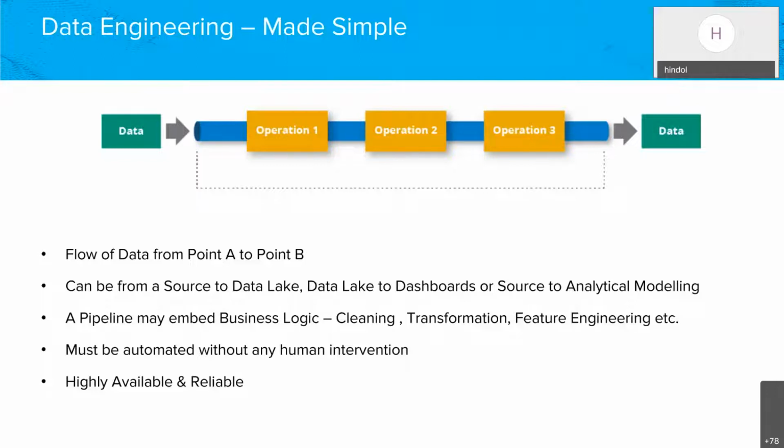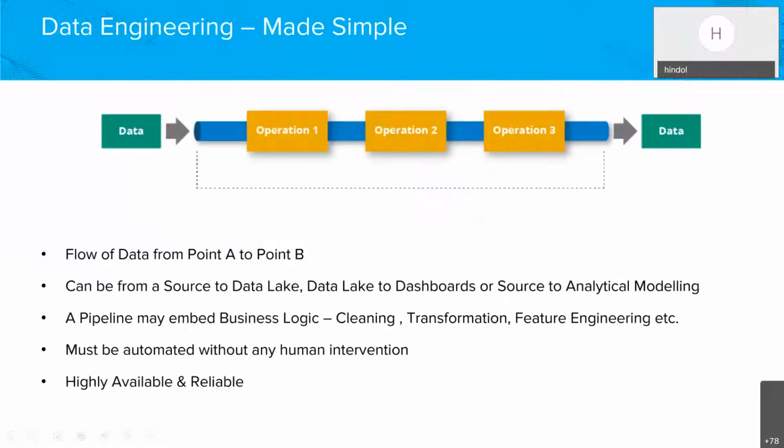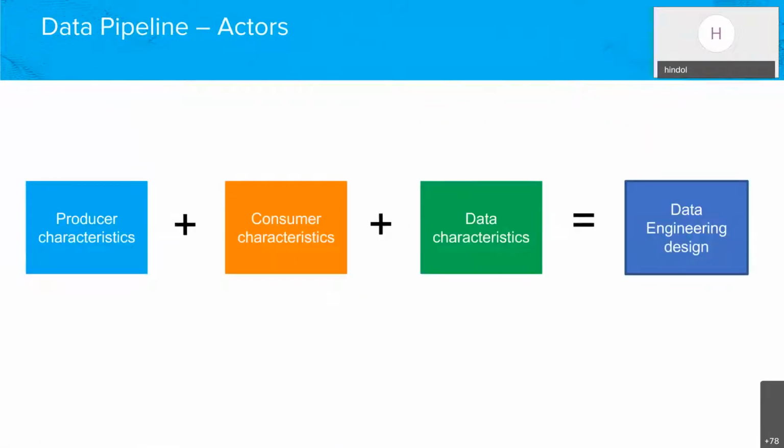So what are the aspects which determine how we will design our data pipelines or our data engineering? As you could see, there are 3 elements involved in it. One is, all data is produced somewhere, right?